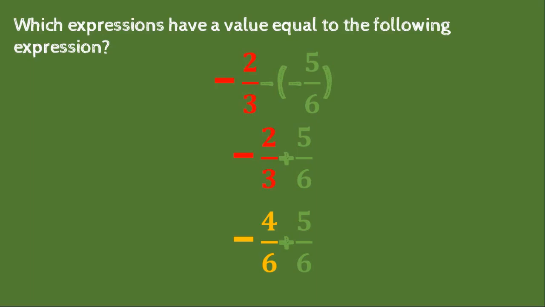That way, we can complete this expression of negative 4/6 plus 5/6, which would equal 1/6. We can simply do the top, negative 4 plus 5, which equals 1, and the bottom stays the same, 6. 1/6.